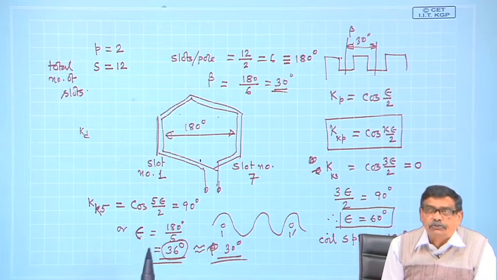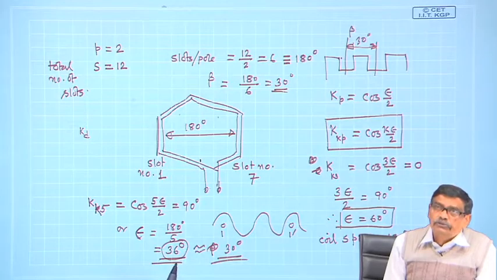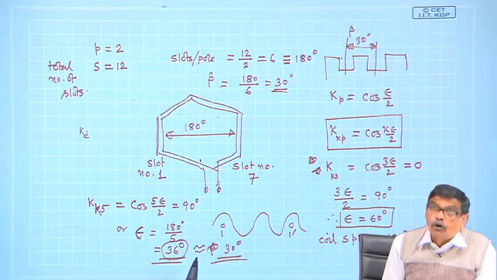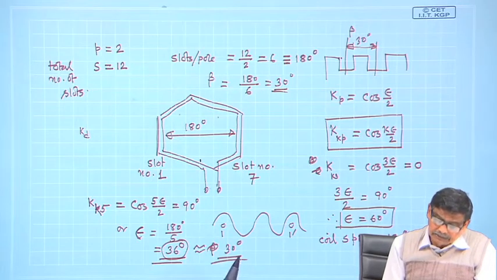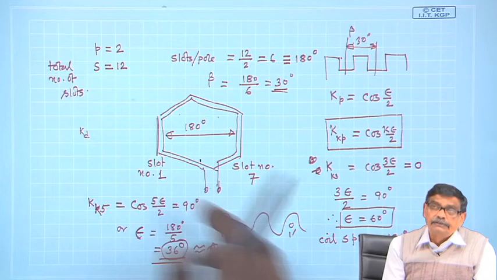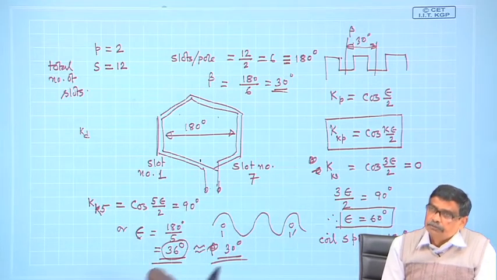In that case I will choose 30 degree only, and it will reduce the fifth harmonic voltage considerably. That is the important point. Therefore, after studying these things, we conclude that it is necessary to distribute the coils.